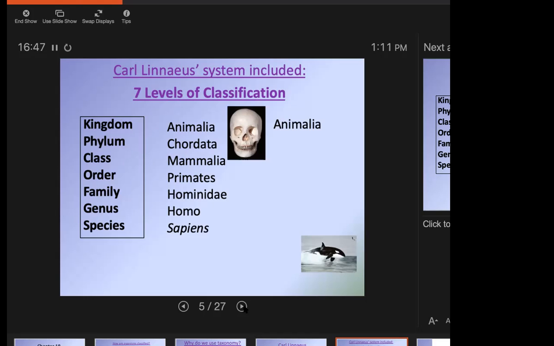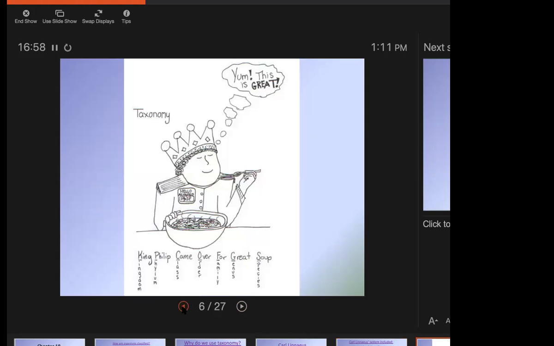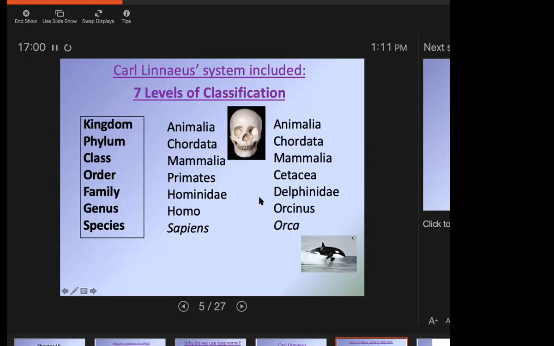Now to compare this to a killer whale. If you look at a killer whale, we are actually in the same groups. We are in the same kingdom, phylum, and class as a killer whale.